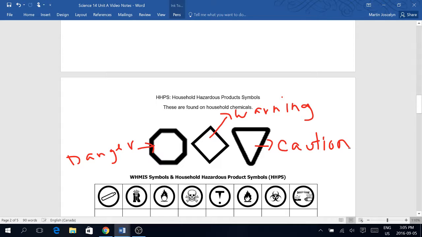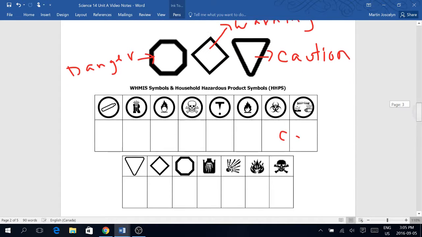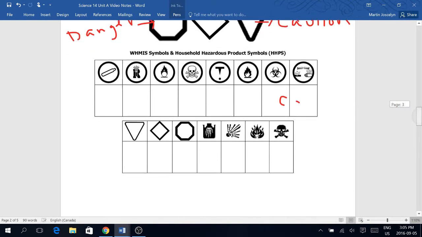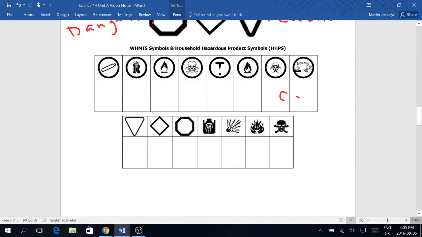Okay, so we can also mix our HHPSs, our danger, warning, and caution, with similar looking WHMIS symbols. So here's our danger. Here's our warning and caution.